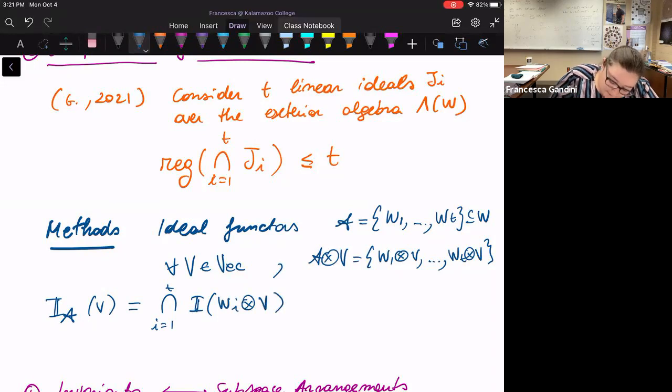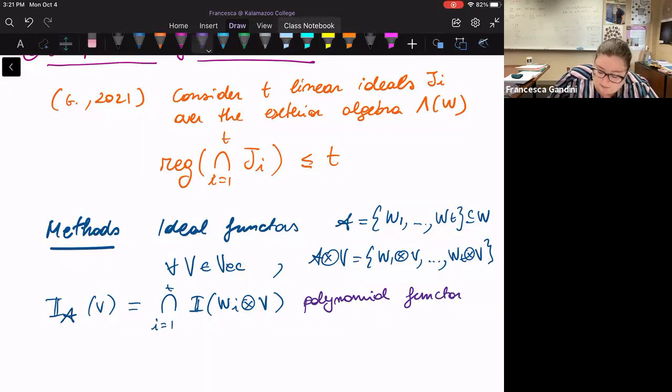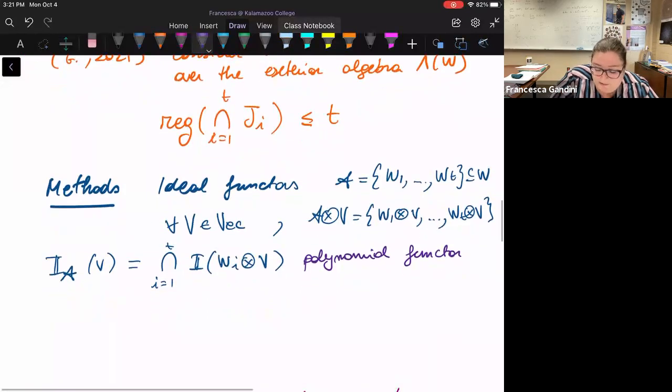So this becomes a functor, and it's a polynomial functor. So this is the important thing. And so we can use the representation theory in characteristic 0 of polynomial functors as representations of GL(V).